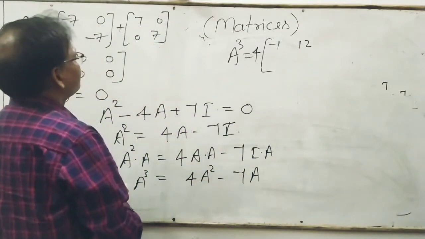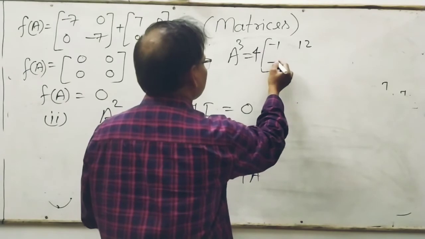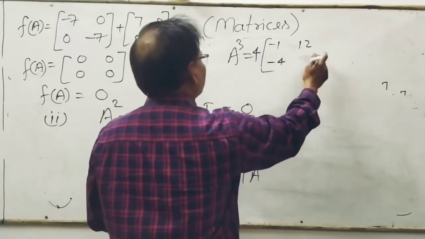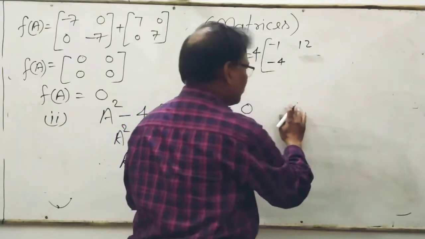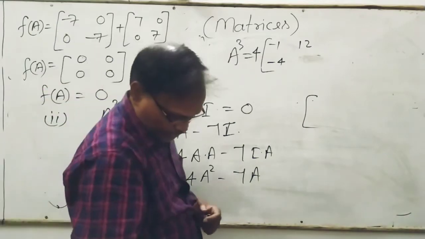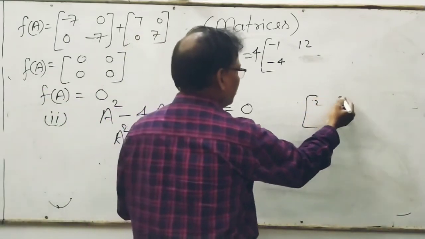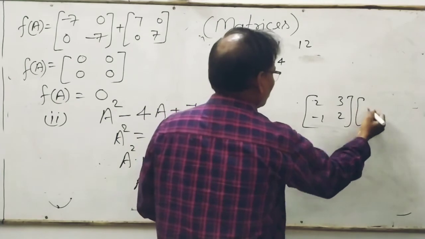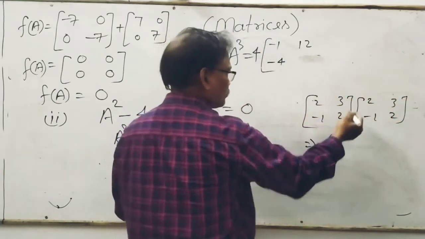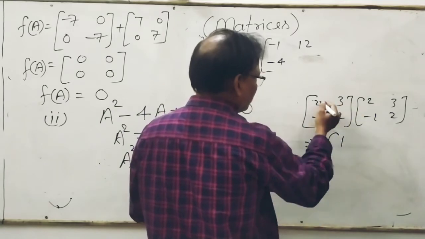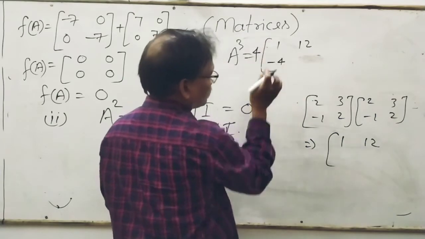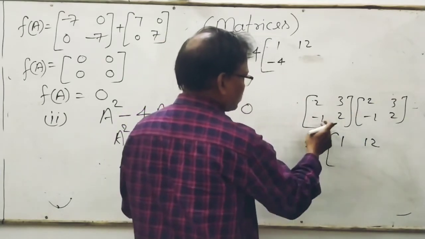and minus 4. Let us find it once again because I have dropped this one. So in this case we will have 2 3 minus 1 2, 2 3 minus 1 2, just for rough. 2 to the 4 minus 3, 1 2 3 the 6 12 and minus 1 2 minus 2 minus 4.